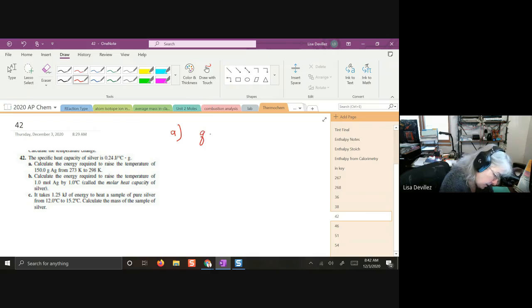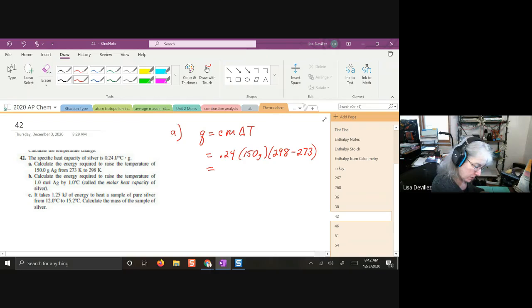So Q equals Cm delta T. And so 0.24, and I have 150 grams, and T final is 298, T initial is 273. 298 minus 273 times 150 times 0.24. Okay, so I'm getting 900, and that's going to be joules there.